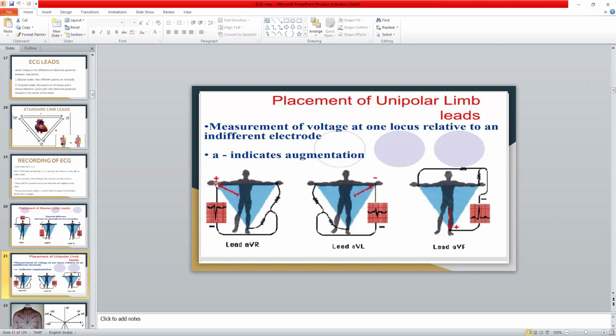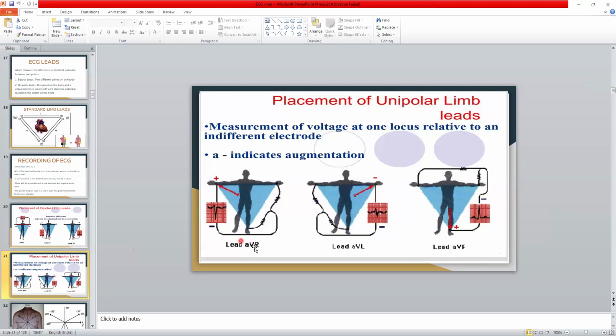So the right arm with the center of the heart creates aVR, the left arm and the center of the heart creates aVL, and aVF is between the left foot and the center of the heart.